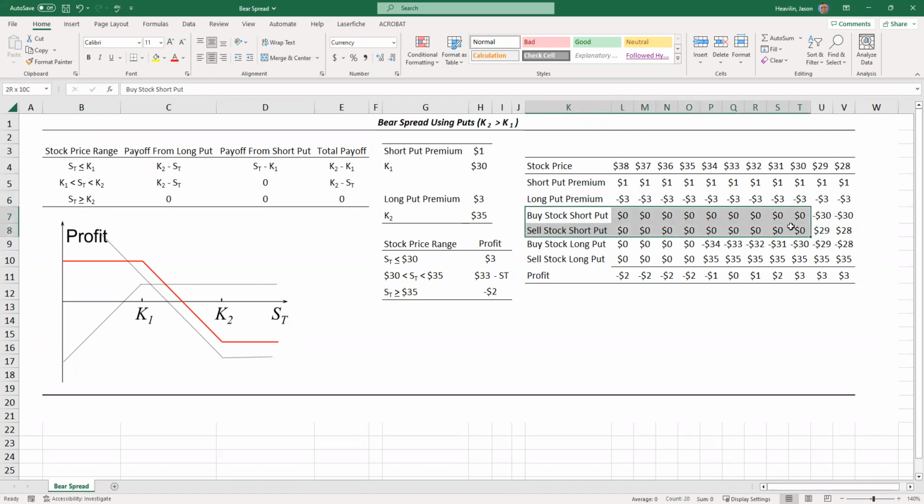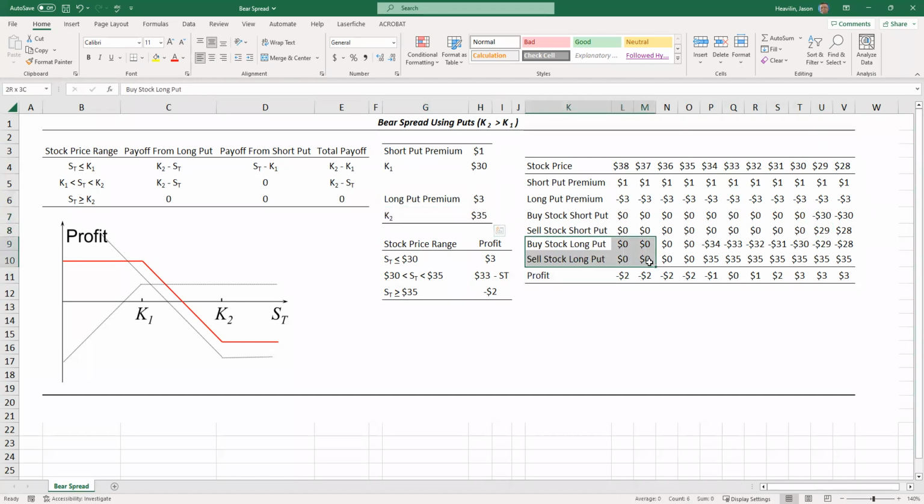You see all those zeros until after we go below 30. That's when some action happens. And it's because it's a put and the strike price is 30. Then we start getting cash outflows and cash inflows because the option got exercised. Similar to K2, the long put premium.